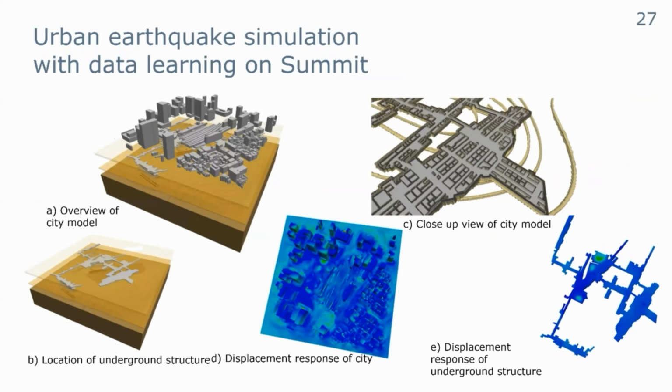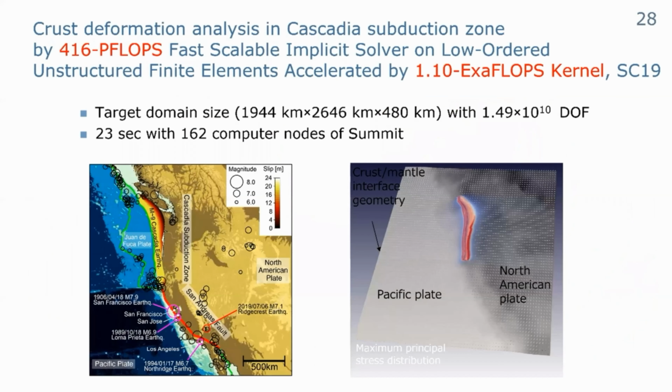And this is the result of the urban earthquake simulation with data learning running on Summit. This is a fully coupled simulation of the soil structure, buildings, and underground structures. The complicated response of the underground structure and buildings, all the behavior, is computed with this 3D finite element model. Using the solver, there are a lot of applications, such as the crustal deformation analysis in the Cascadia subduction zone.